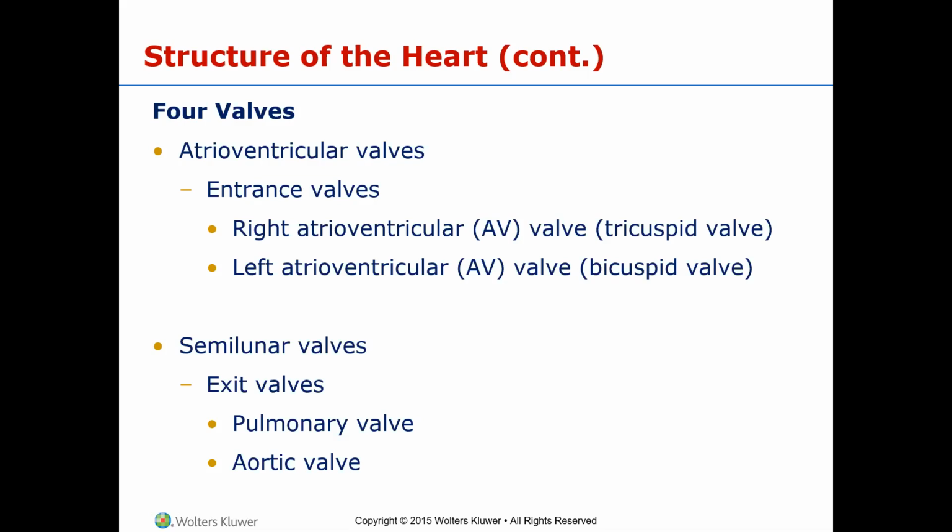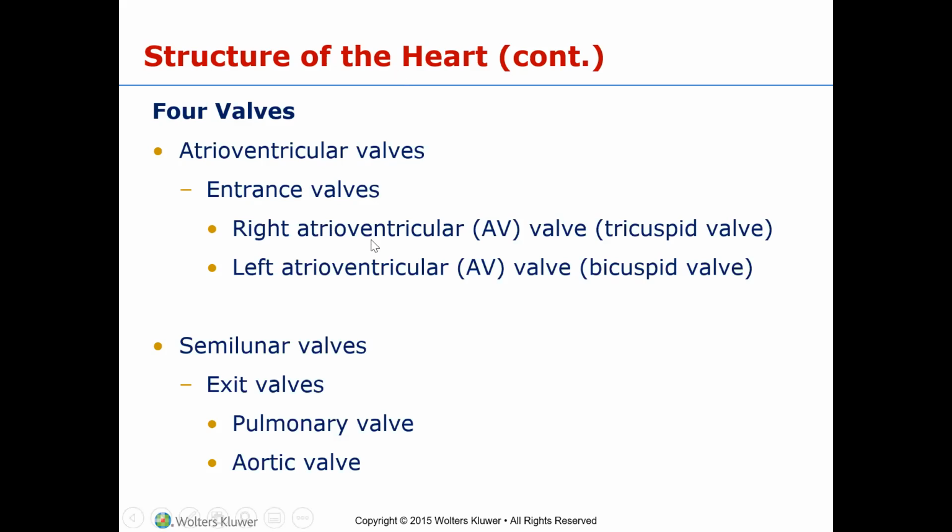And then we have valves that are used for exiting of the blood from the ventricles, and those are called the semilunar valves. You have those that are removing the blood and sending it out to the lungs, which are the pulmonary valves, and then the aortic valves, and these are found in the ventricles.